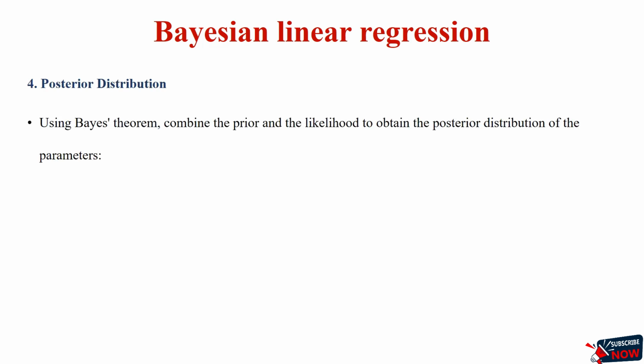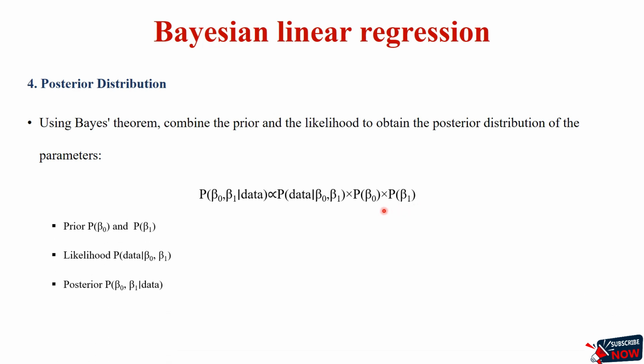Posterior distribution. Using Bayes' theorem, combining the prior and likelihood, we can obtain the posterior distribution of the parameters. That is, the probability of beta naught, beta 1 given the data is proportional to the probability of the data given beta naught, beta 1, multiplied by the probability of beta naught and the probability of beta 1.